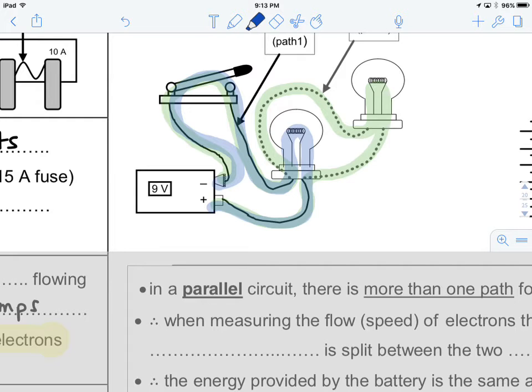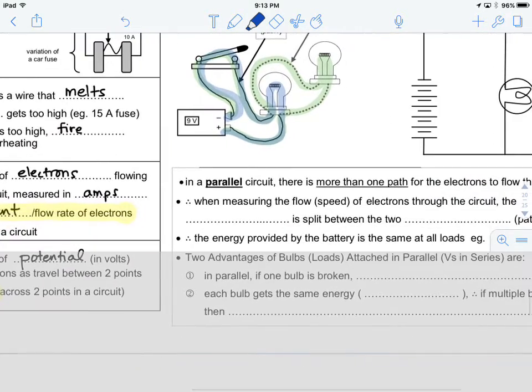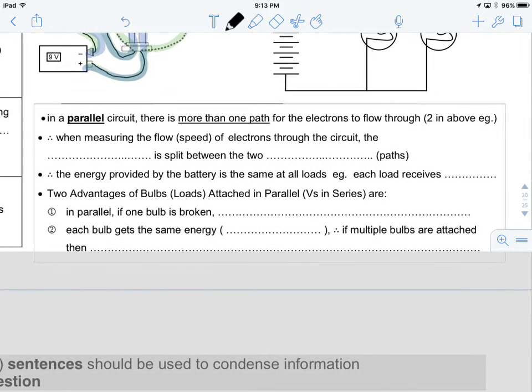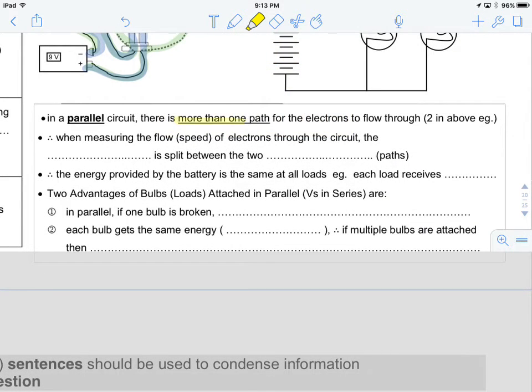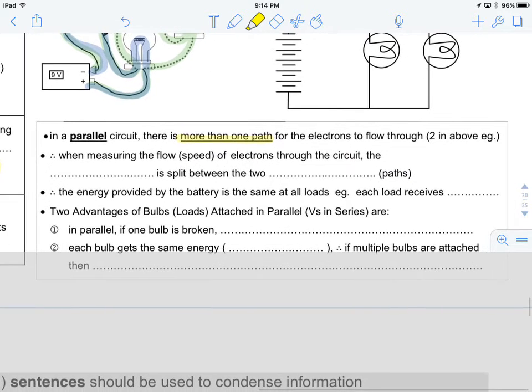And so in order to really visualize what this means for us, in a parallel circuit, there is more than one path for electrons to flow through. So here, there were two possible ways of getting from the battery back to the battery.